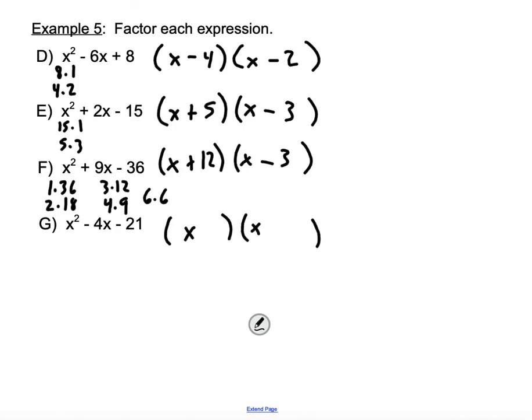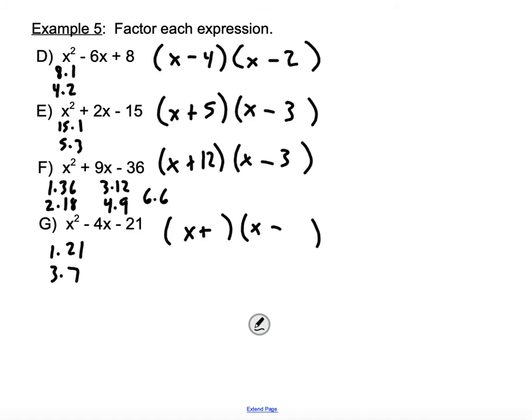All right, what about letter G? What multiplies to give us a negative 21 and adds to give us a negative 4? Well, it has to be a plus and a minus, because you've got a minus 21 there. The last term is minus, so it has to be one of each. And this time, because the middle term is negative, the larger number is going to have to be the minus. So how do you get 21? 1 and 21 or 3 and 7.